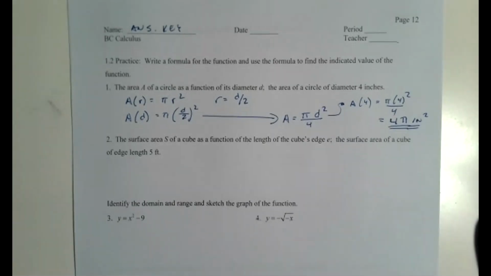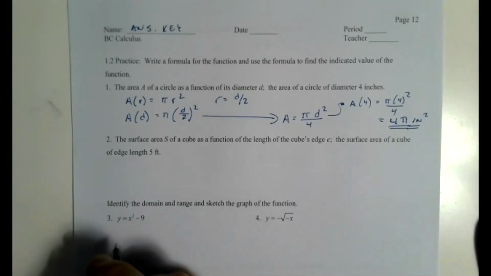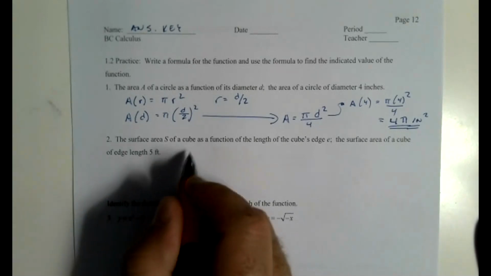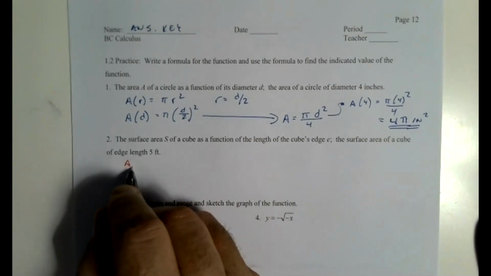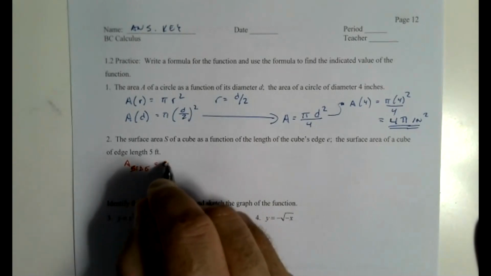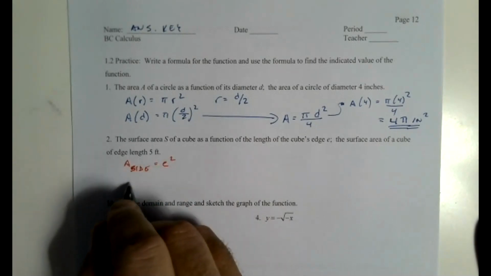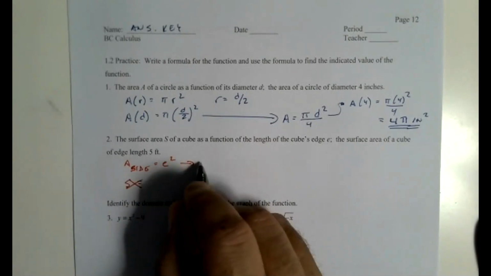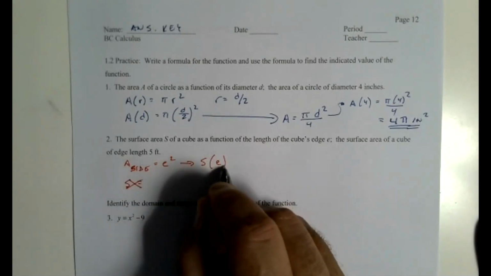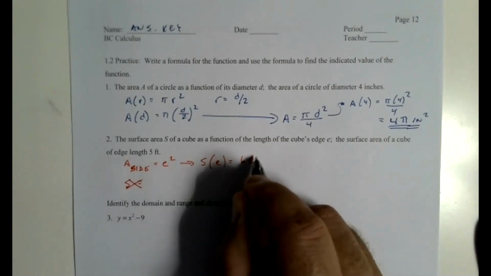Surface area, S of a cube, is a function of the cube's edge. Well, there's 6 sides to a cube, and each side has an area of edge squared. So the surface area given its edge is 6 times e squared.